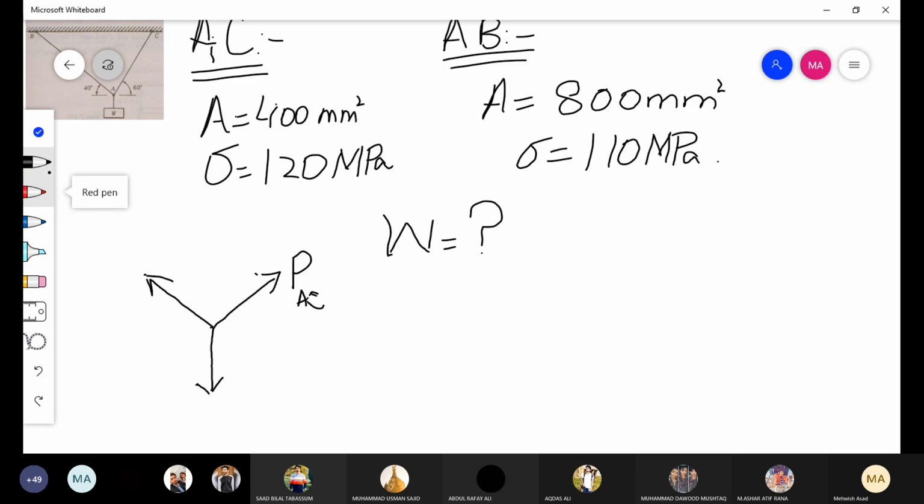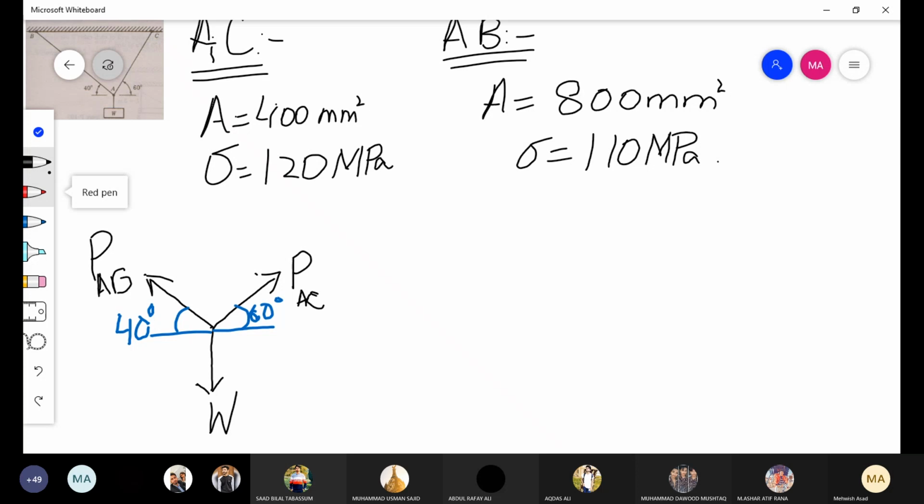We will call the load coming in AC segment as PAC, that is the internal force in the member AC, and the internal force in member AB, and the unknown force is W. We are also given these angles. This is 60 degrees and this is 40 degrees. This is the free body diagram.